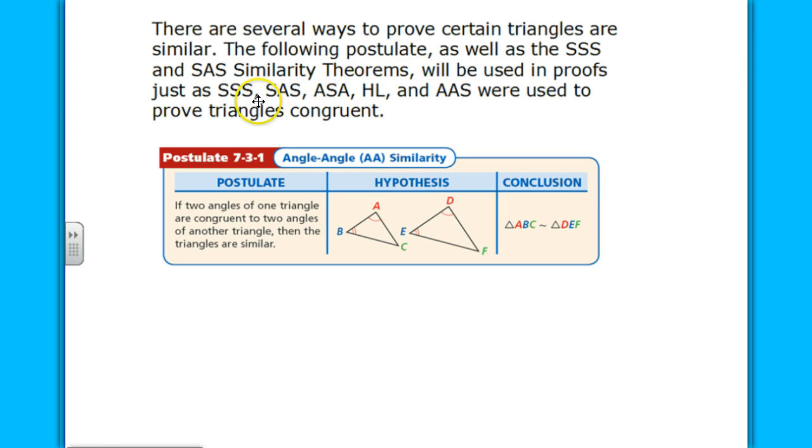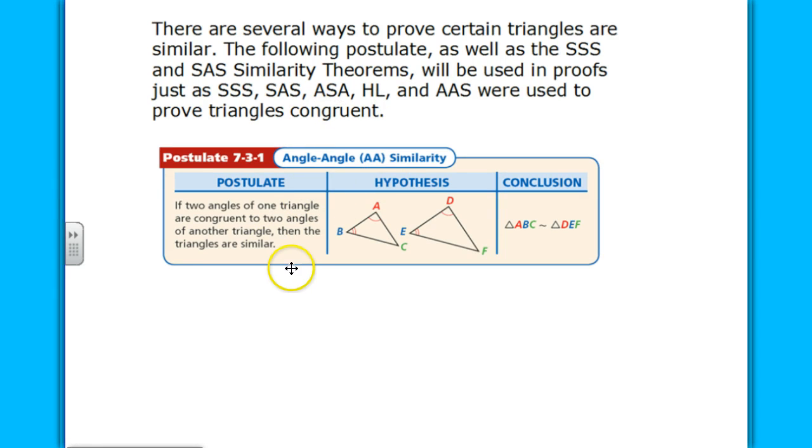We'll also use SSS, SAS, ASA. No, we won't. These were the 5 that we used for congruency, right? For congruency. And so we're not necessarily using those. We will use AA, SSS, and SAS for similarity theorems. Again, if you use any of these, like HL, and you've proved that 2 triangles are congruent, then can you say that they're similar? Yes.